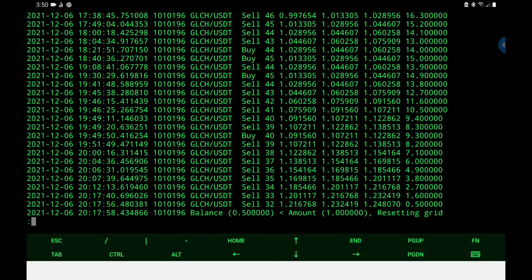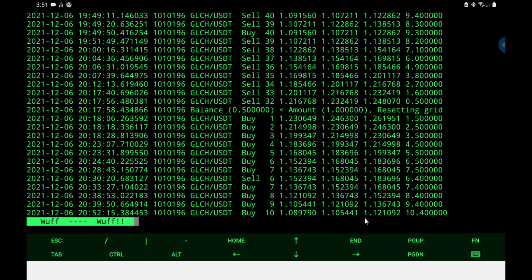That is the power of what this system is capable of doing. It is capable of following the market and dynamically dealing with just about anything. So it reset the grid. And now it is back to trading the grid again.